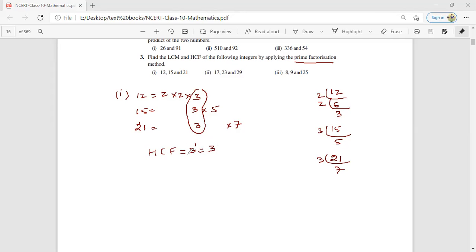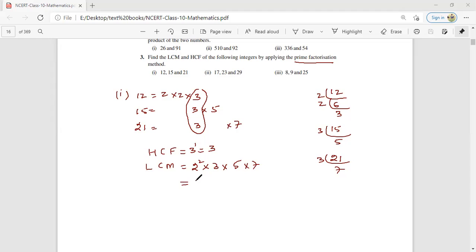Okay. Then for finding LCM, first you can write 2 into 2, 2 raised to power 2. Then 3 is common. So the number which is common in all the terms will be written once, and the rest of the numbers will be multiplied to get the LCM.